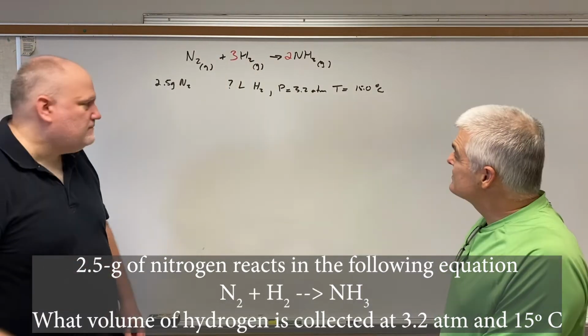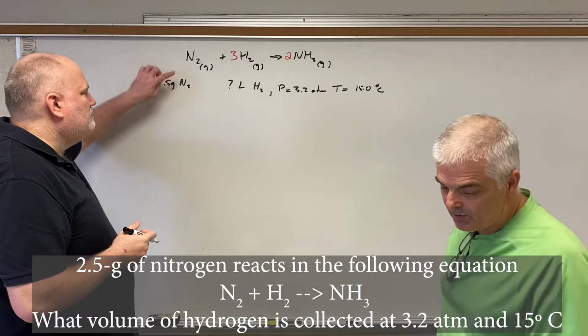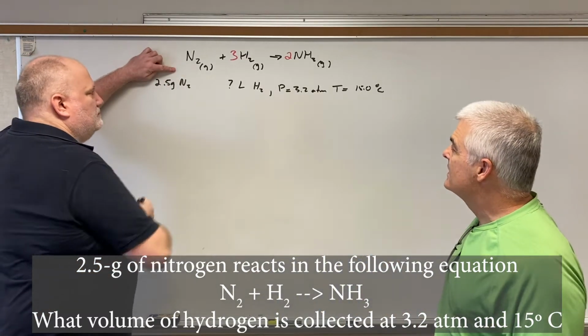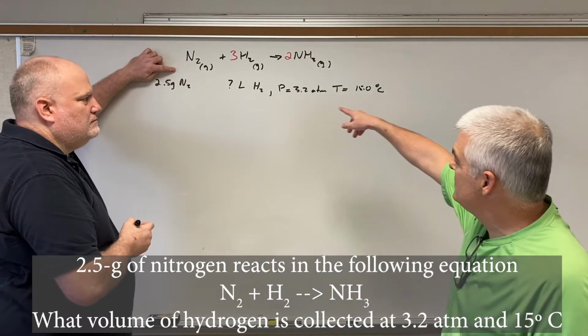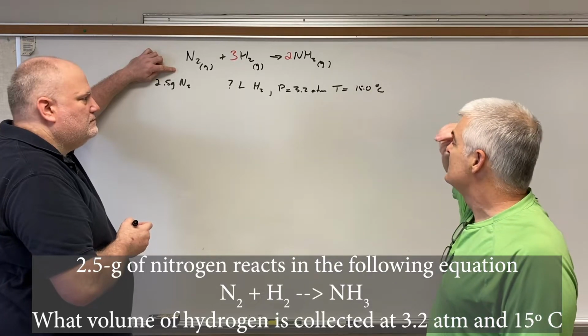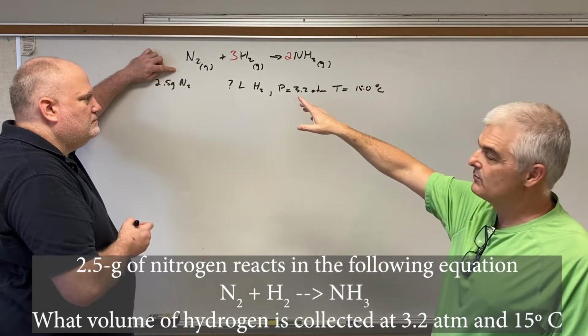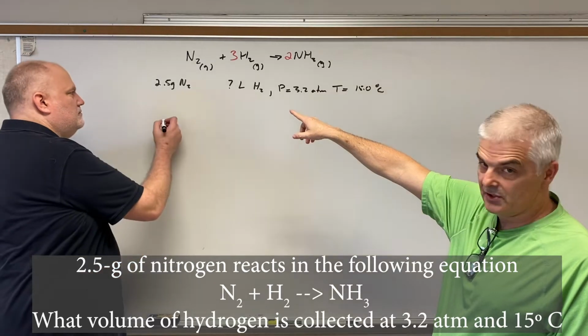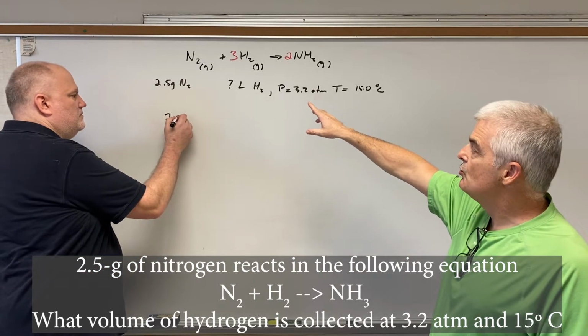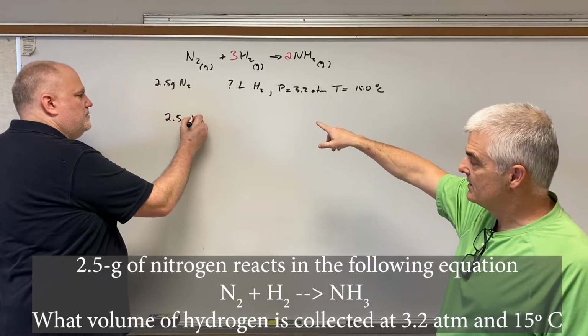So we have grams of nitrogen, and normally I'd use the mole map and go grams to liters, but here's the problem: I've got T and P and I'm looking for L. So we have to convert grams of nitrogen using stoichiometry to moles of hydrogen.